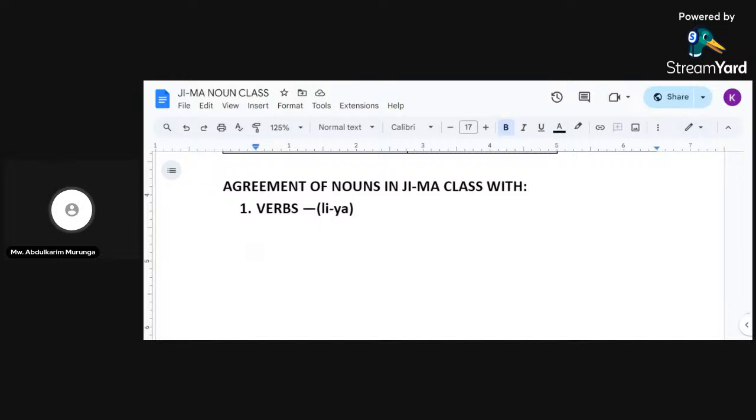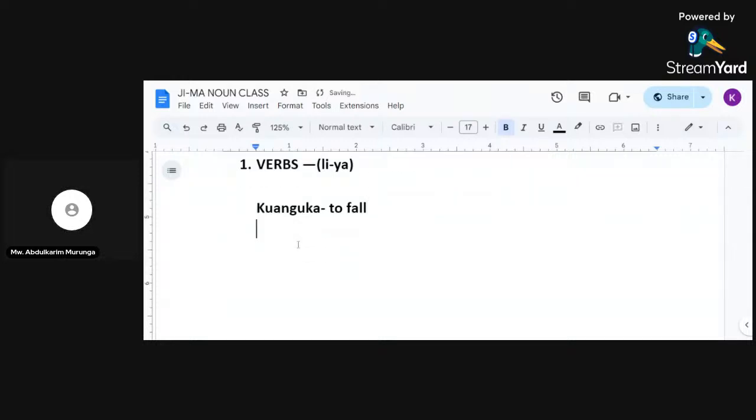Some of the verbs that you know are kuanguka, to fall down. Kupotea, to get lost.